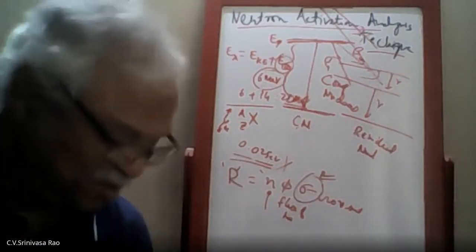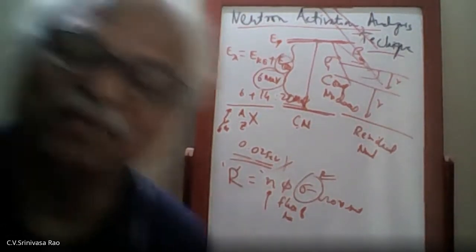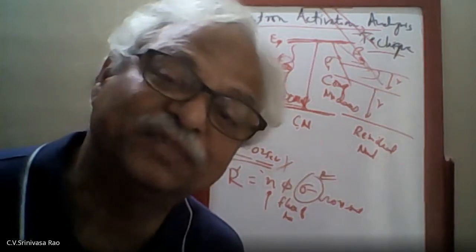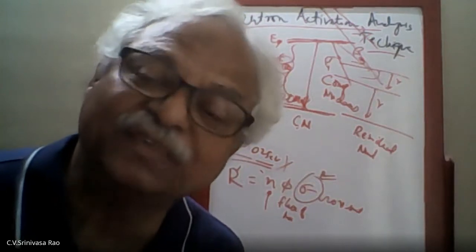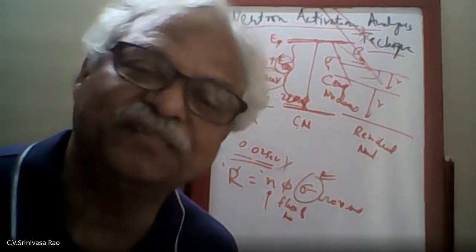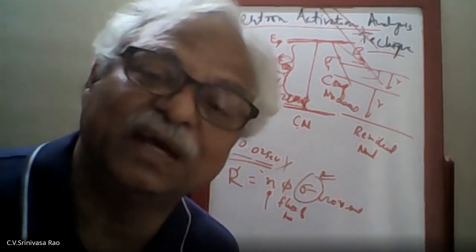A good question. See, as I told you, my MSc was in nuclear physics, with specialization in neutron physics and reactor principles. That was basically fission reactors. So that was the study that I did for my MSc.